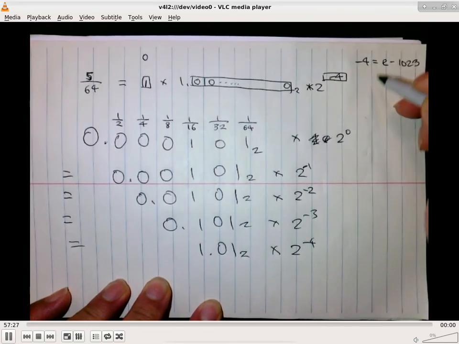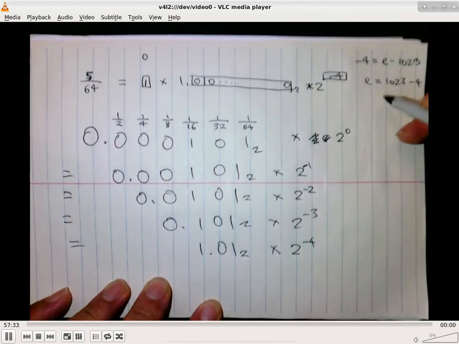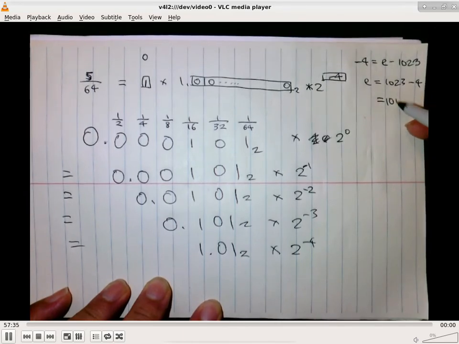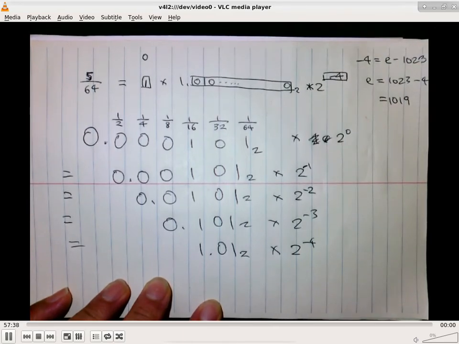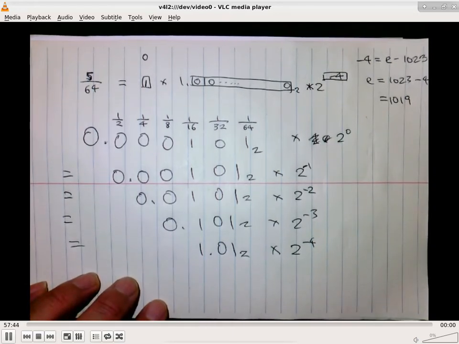So when we figure out what E is, it is 1023 minus 4, which is 1019. Okay? And what is 1019 as a binary number? If you cannot use a calculator, can you figure this one out in 5 seconds? Okay, 5 is too much? About 3.